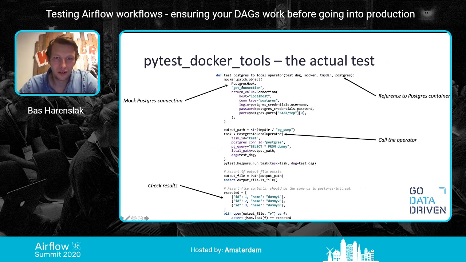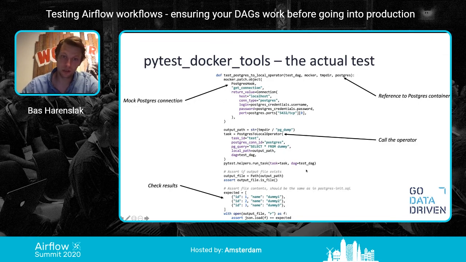So again, we have to mock out the Postgres connection. So we give it a connection to localhost with a couple of settings. Here we have our operator, Postgres to local operator, where we just run the SQL query. And the output path is this tempdir fixture, which I also showed you using the Pytest fixture. And then we can assert if it's really what we expect it to be.